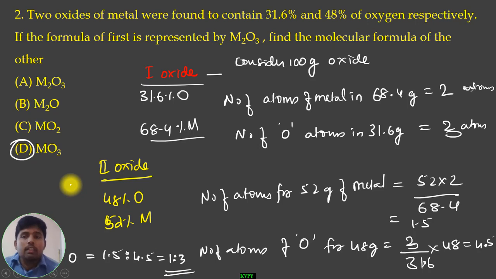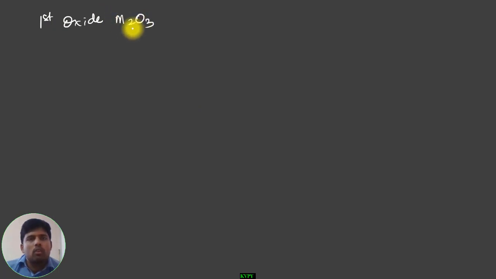Otherwise, instead of this way, if we go for a normal mole concept calculation, then it will be a bit tedious, but let us look at that. The first oxide has the M2O3 formula.